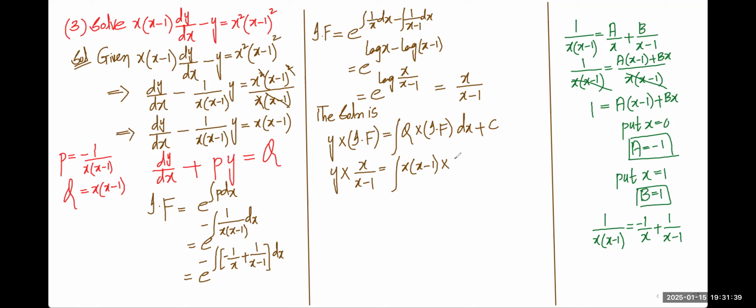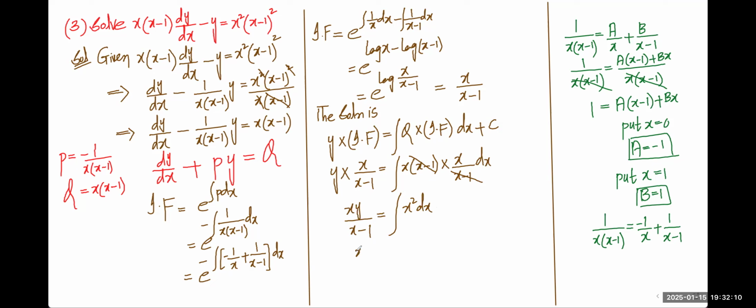x by x minus 1, right? You wrote it there. Hello, what happened? x minus 1 gets cancelled, so xy by x minus 1 is equal to integration of x into x, which is again x square dx.